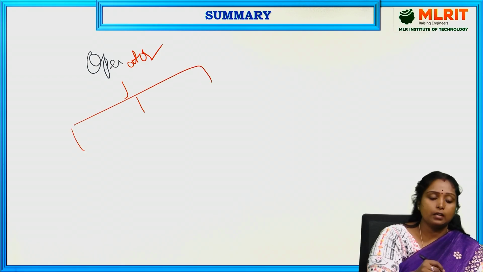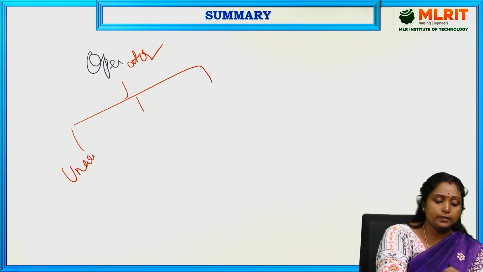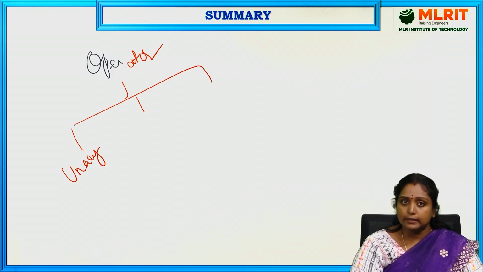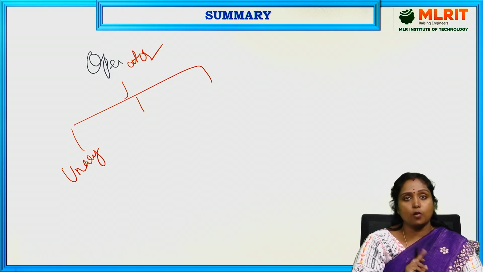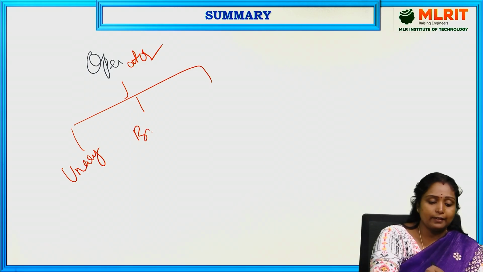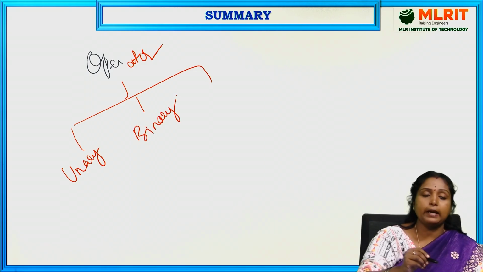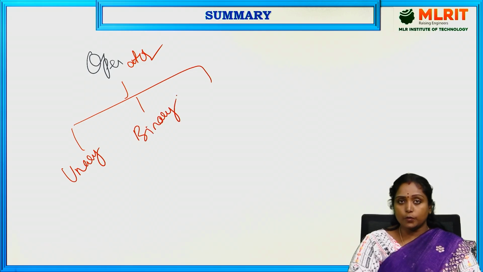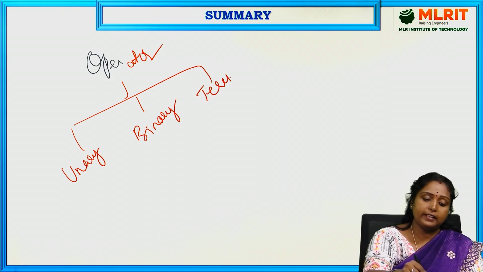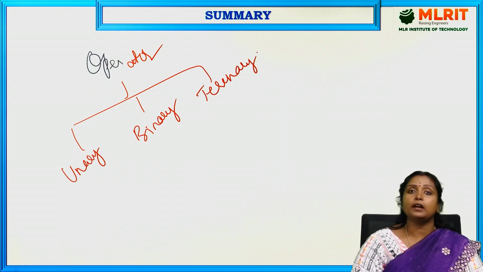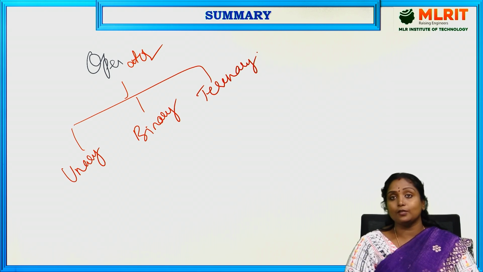Three types. Unary operators are the operators which perform operations using one operand. Next is binary operators, which perform operations using two operands. Ternary operator is an operator which is used to perform operations on three operands.